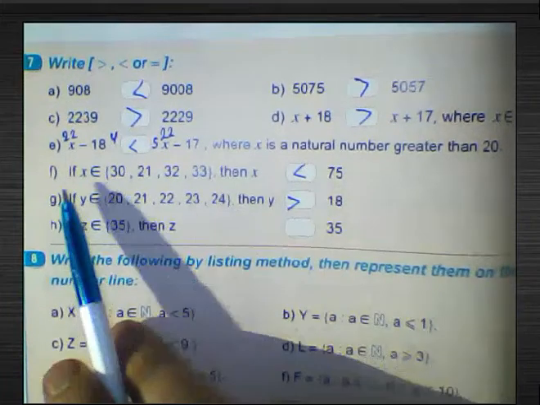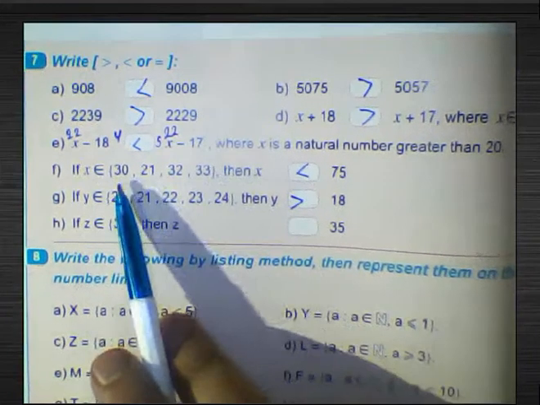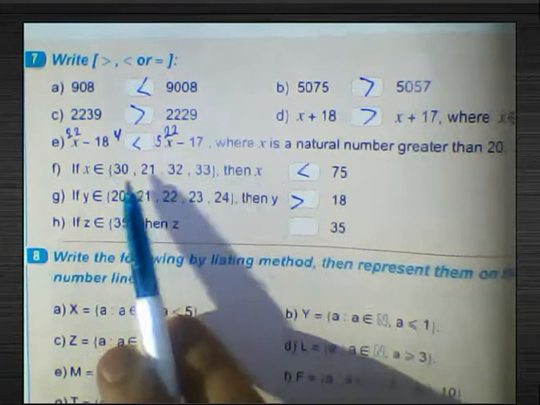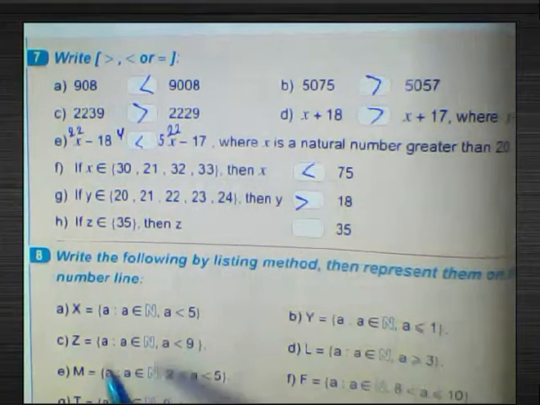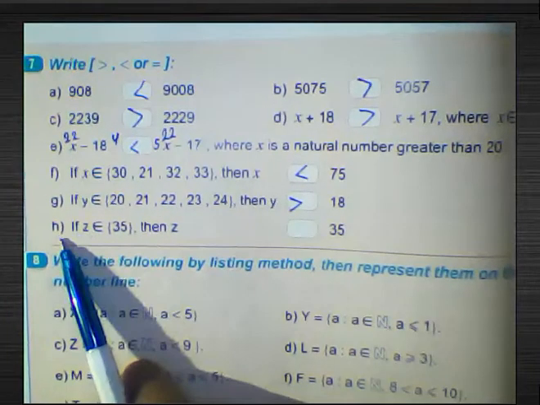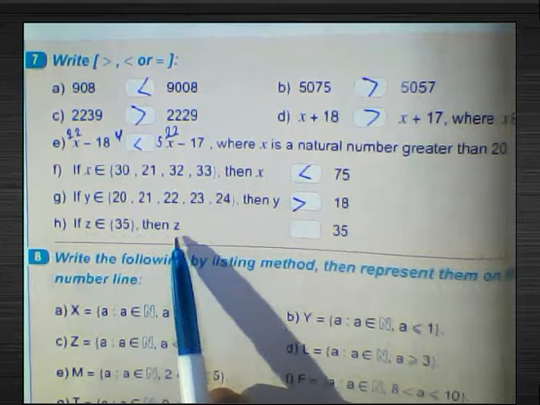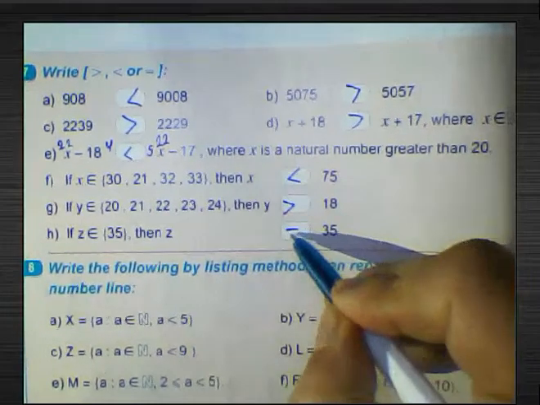And letter F, x is an element belonging to this set 30, 31, 32, 33. So each element from this set is less than 75. Letter H, if z belongs to a set of 35, then z equals 35, because z is the element.